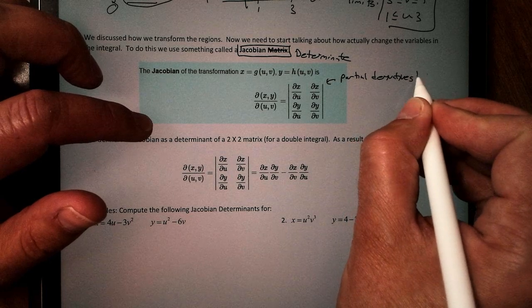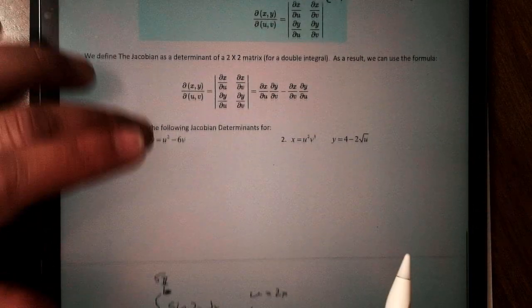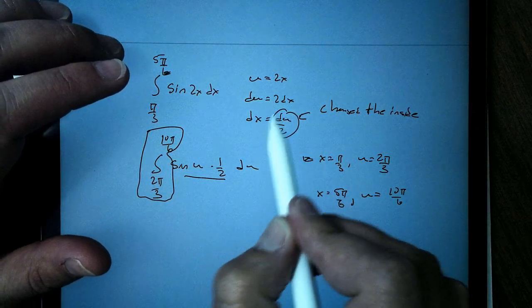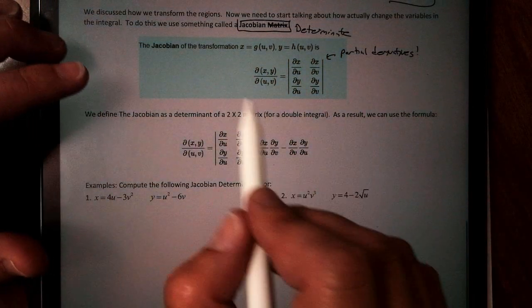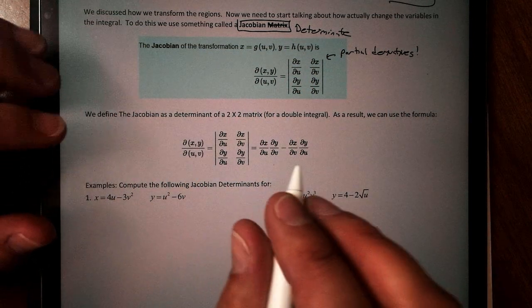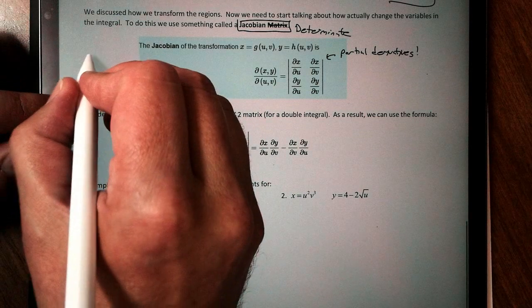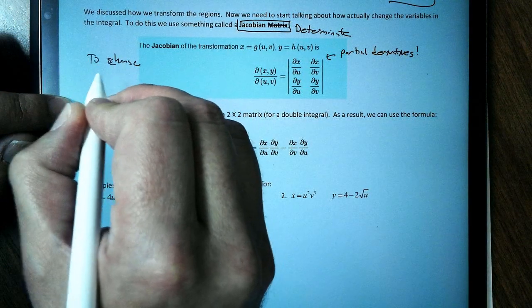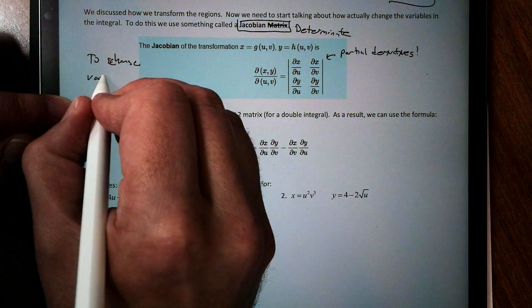It's a matrix of our partial derivatives. And look at what we've done here. We have our partial derivatives right here as well. So today we're going to talk about how we can determine what the Jacobian matrix is. We use this to change variables when evaluating integrals.